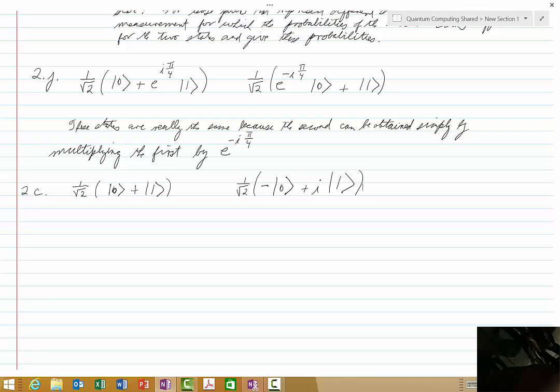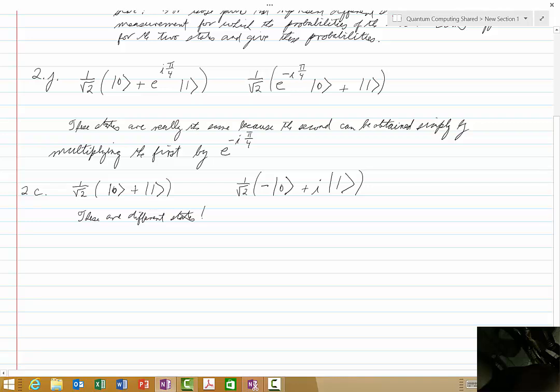Okay, so now I hope you had some luck with this problem, but it definitely is a little trickier than the first one, because if we look at these two states, we can see right away that these are different states.